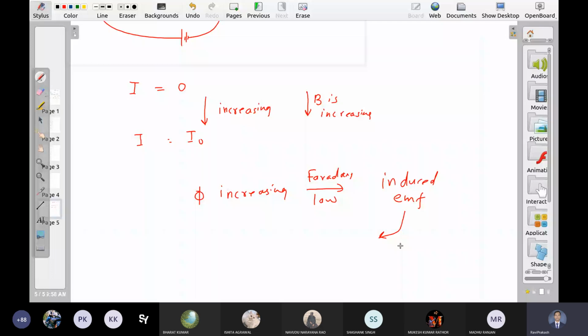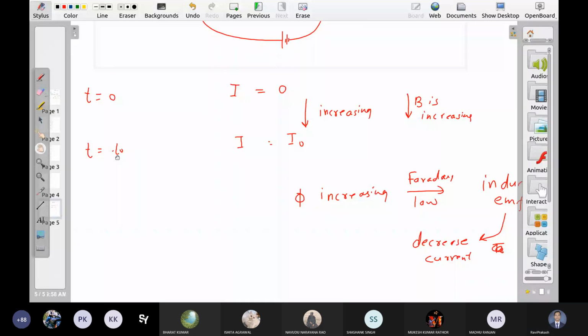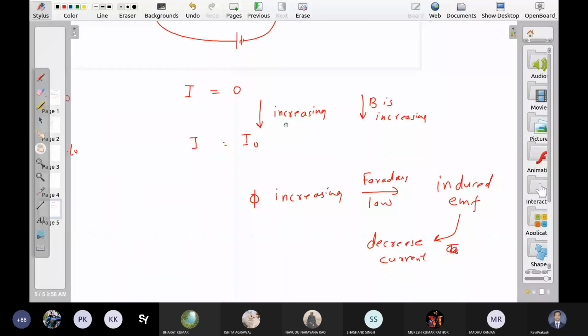Right? So as soon as you connect the battery and try to increase the current, the same current creates a problem for itself. If the current increases with time, the magnetic field increases with time, and the flux increases with time. Whenever you have a changing flux, it produces an induced EMF.